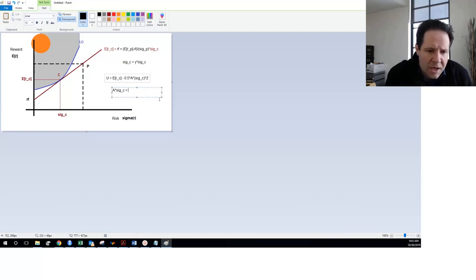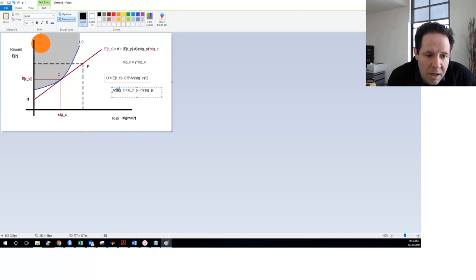The slope of the capital allocation line was just given up here. It's the expected return on the portfolio minus the risk-free rate, that's the risk premium, divided by the standard deviation of the portfolio.